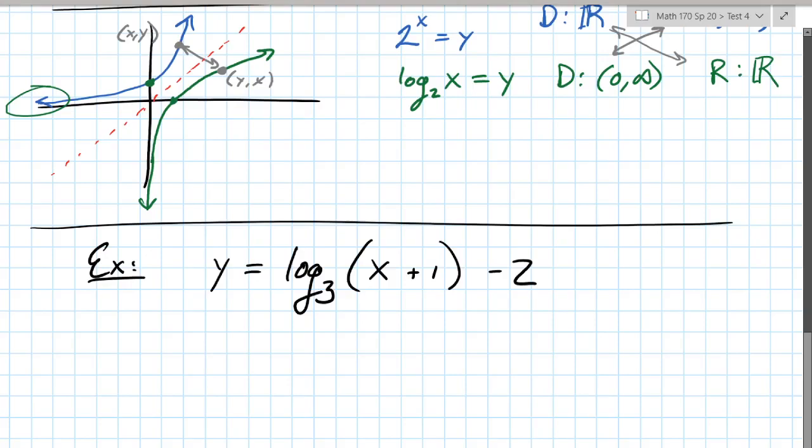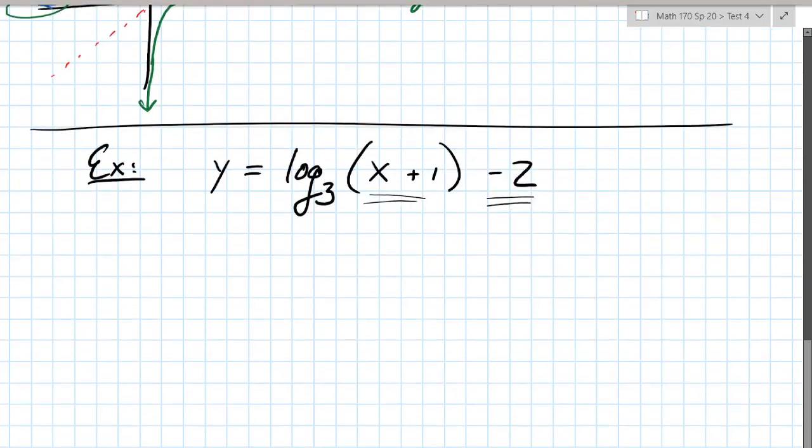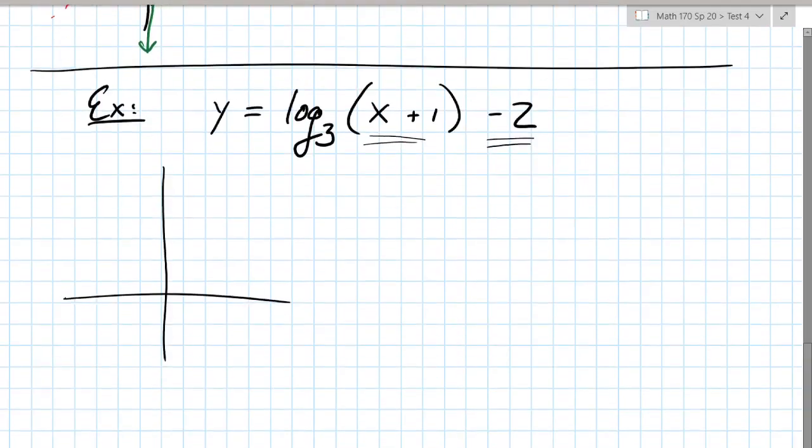Inside here we see a left or a right shift. Outside we see a vertical shift. So, listing the features that we see in order to sketch this, first we see a shift to the left 1. Then we see a base of 3.